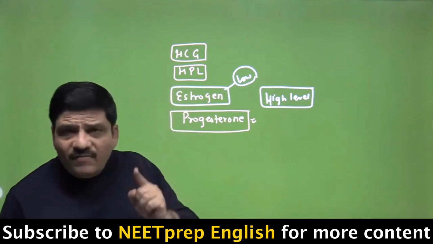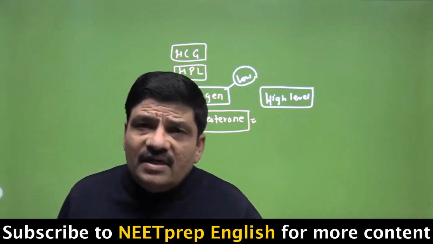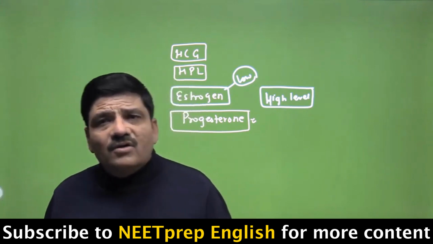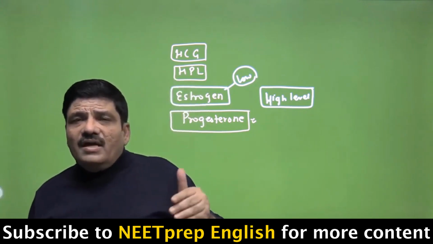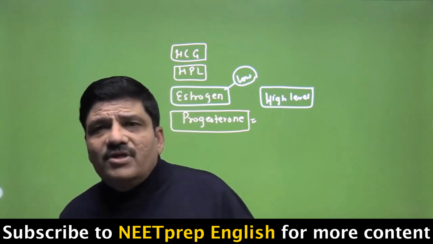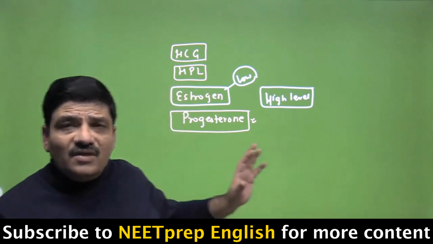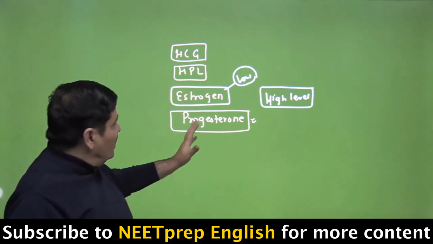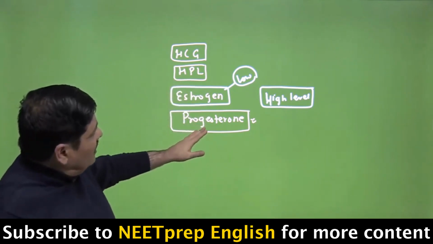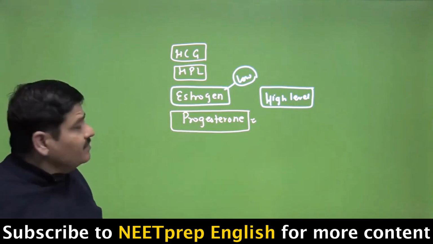Moreover, a high level of progesterone will inhibit FSH and LH and further development of other follicles. So another pregnancy will not be established during an ongoing pregnancy. These are very, very important functions of the placenta.